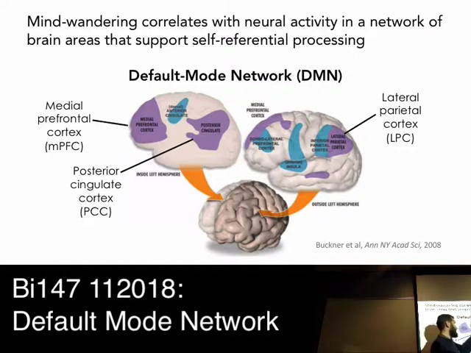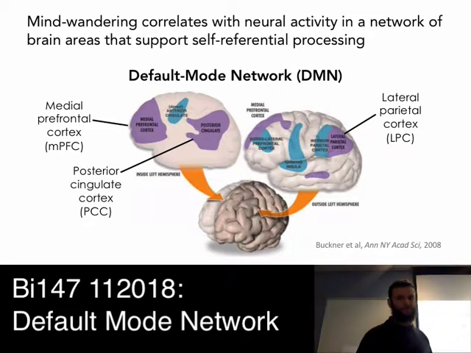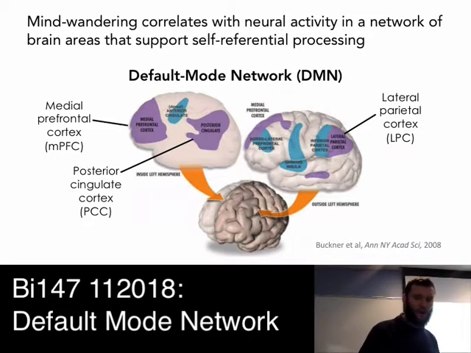This region here in the medial, along the midline of the brain, posterior cingulate, the prefrontal cortex area, and then this lateral parietal cortex is also associated. And a little bit of this temporal lobe down here. So it's the default mode network. There's a picture of it. We're going to talk about it now.